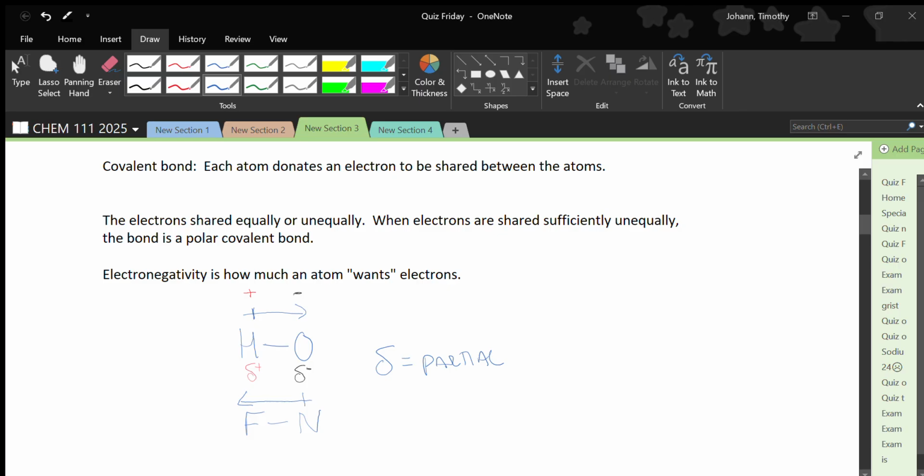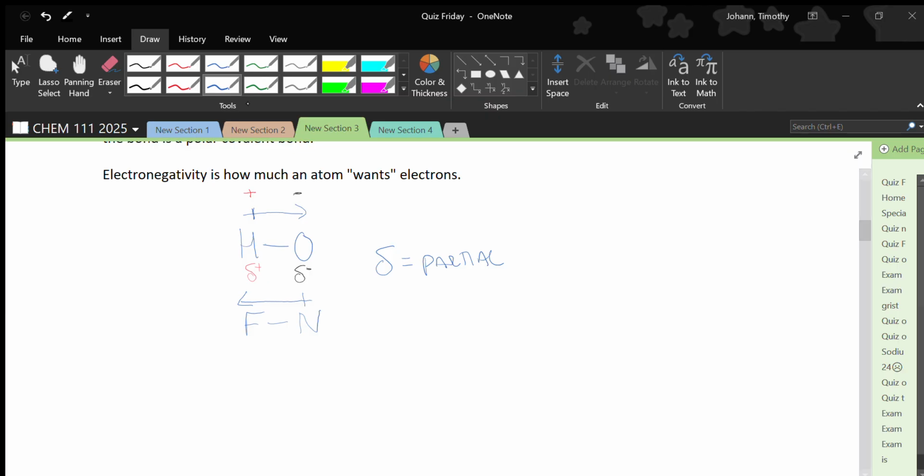Okay? Or another way we might denote it is that fluorine is more electronegative, so nitrogen is going to have a partial positive charge, and fluorine is going to have a partial negative charge. Okay, questions?